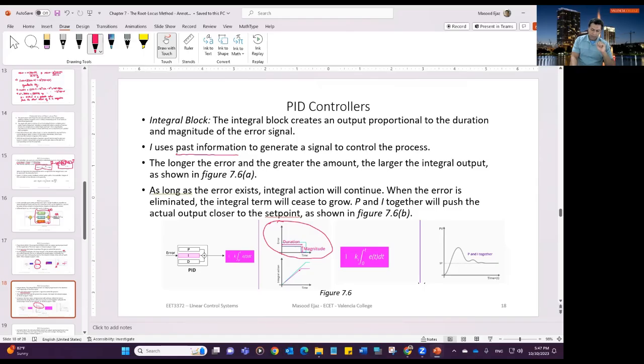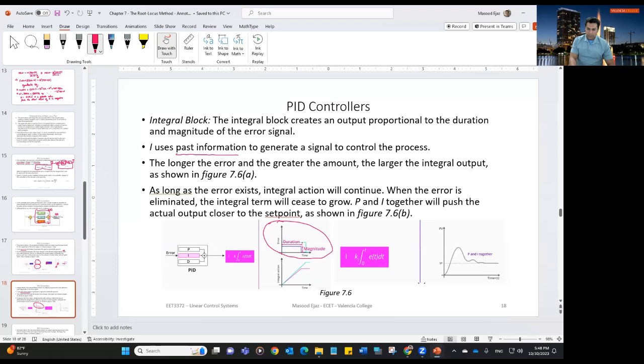So when you do an integral of a constant, it's going to be a ramp signal, until the input is constant, and when the input goes down to 0, then the value of the integral is just going to become a constant value, based on the initial condition.